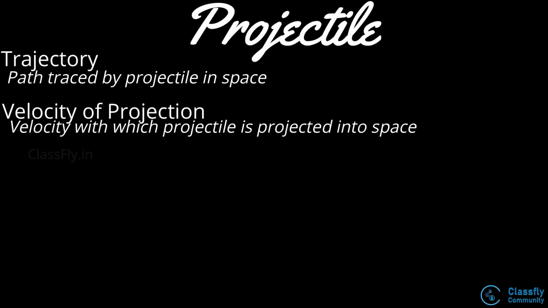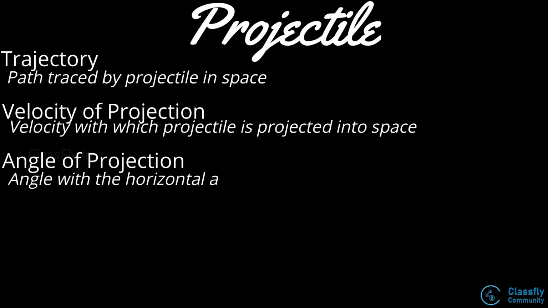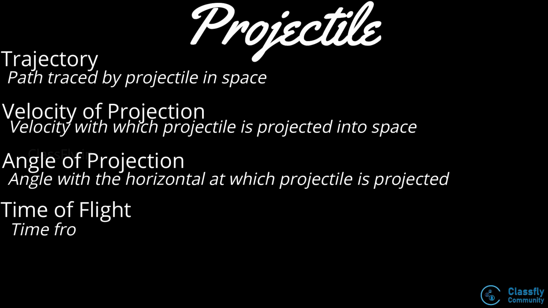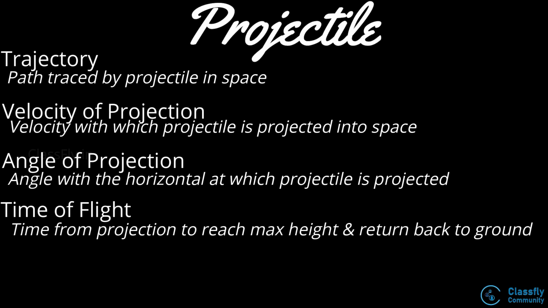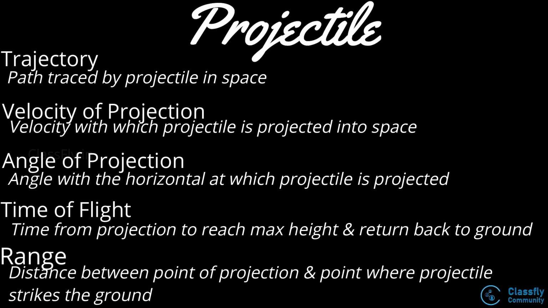Then we studied some important terms related to projectile motion, that is trajectory, which is the path traced by the projectile in space; velocity of projection, that is the velocity with which a projectile is projected into space; angle of projection, that is the angle with the horizontal at which the projectile is projected; time of flight, that is the time taken from the projection to reach the maximum height and return back to the ground by the projectile; and then range, which is the distance between the point of projection and the point where the projectile strikes the ground, that is the horizontal distance.